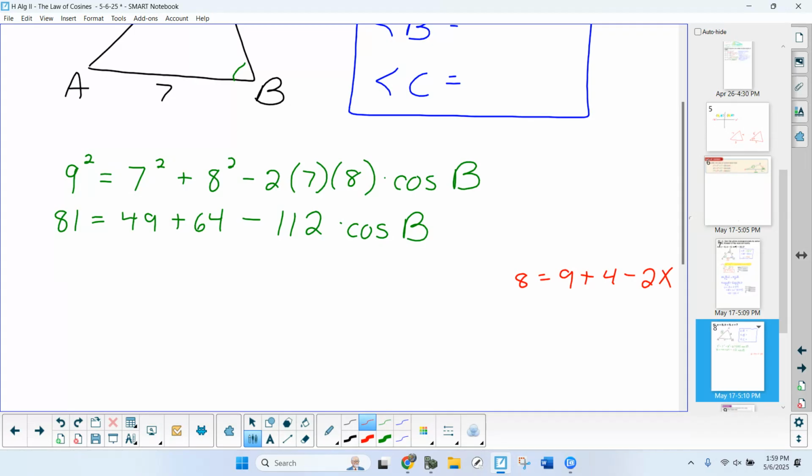No. What would you do in this equation? Add the 9 and the 4 and get 13. So what are you going to do here? Add the 49 and the 64. What do you get? 113.